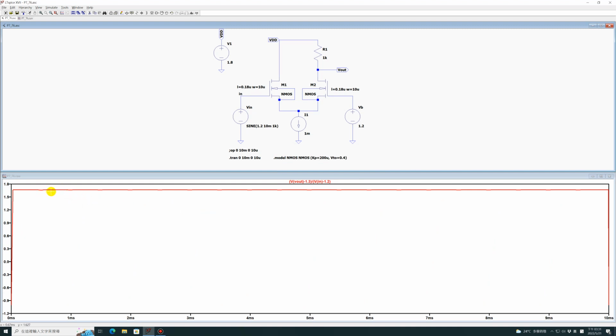Look, it's about 1.5 to 1.8, so you click here, you get the gain is 1.67. So the voltage gain is 1.67, right? That's how you get the voltage gain. That's 1.67.